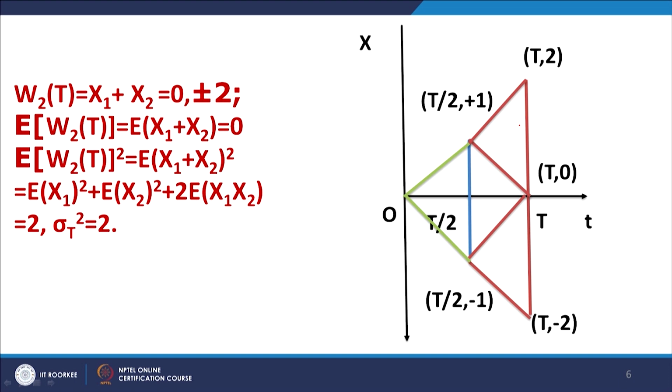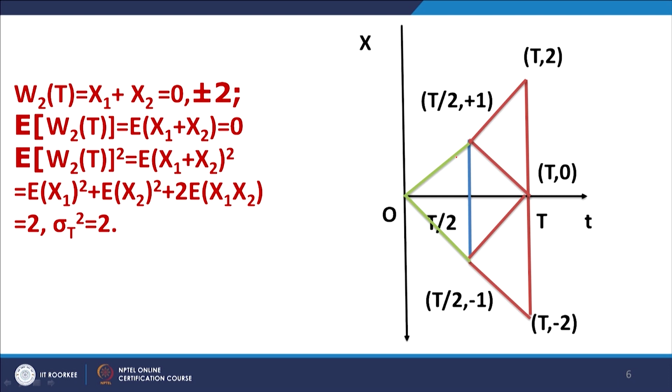Clearly, from the diagram you can see that the possible values that the system can have at t equal to capital T after two jumps, the first at t equal to capital T by 2 and the second at t equal to capital T, are 2, 0 and -2, depending on where the system was at t equal to T by 2 when it made the second jump.